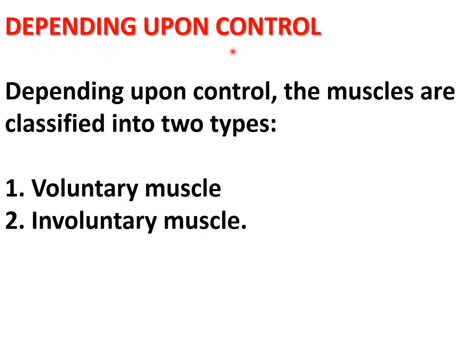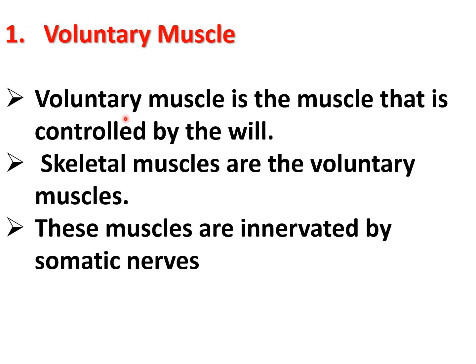Then, depending upon the control, the muscles are classified into two types: voluntary muscle and involuntary muscle. Voluntary muscle is the muscle that is controlled by our will, and skeletal muscles are voluntary muscles, and these muscles are innervated by somatic nerves.